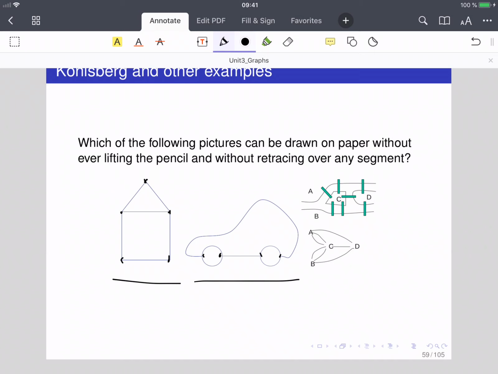Okay, and in this case, this is another type of game that you may know of, which consists of trying to draw a figure without lifting the pencil off the paper, and without retracing any of the lines. Okay, so you can use a line, an edge in the graph, once and only once. So this is exactly the same kind of problem that Euler considered in order to solve the Königsberg problem, and now we are in a position in which we can answer this kind of question with our knowledge of graph theory.